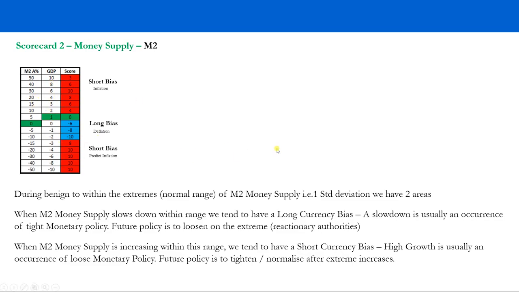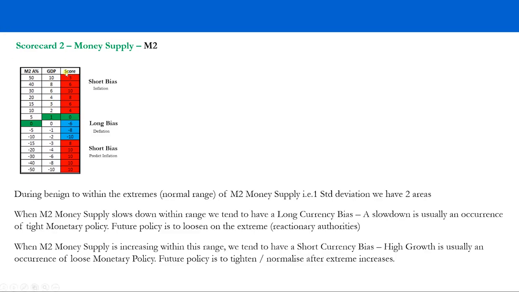Higher growth is basically tantamount to a loosening monetary policy. As we looked at earlier, this is just within the normal bounds of how a normal capitalist system works. We tend to have the short currency bias because we're predicting normal rates of inflation.